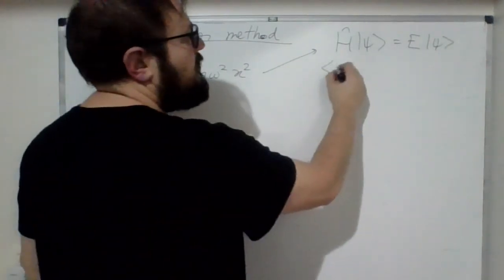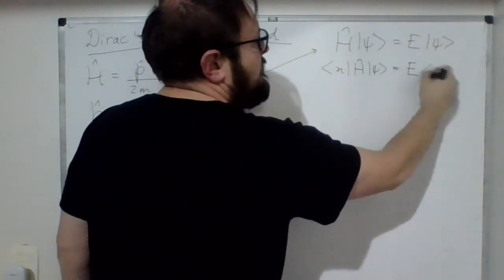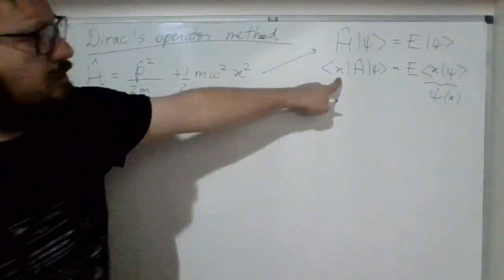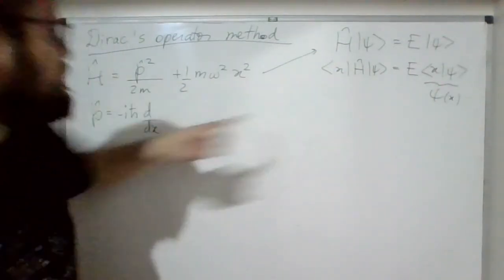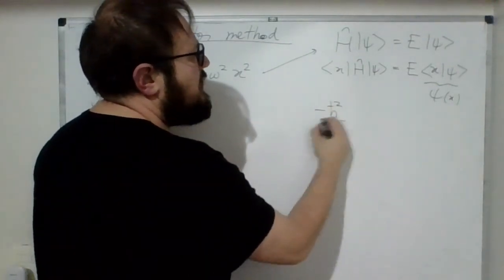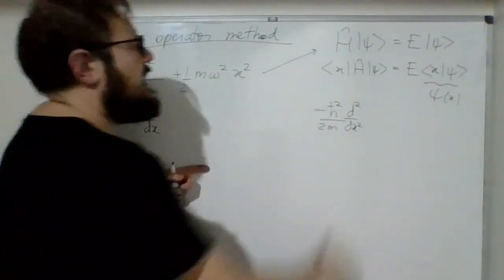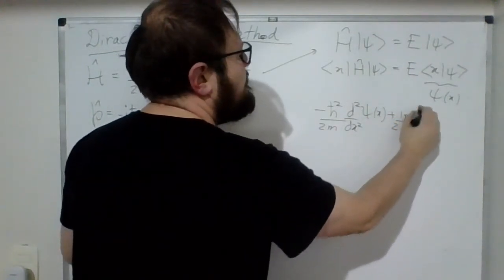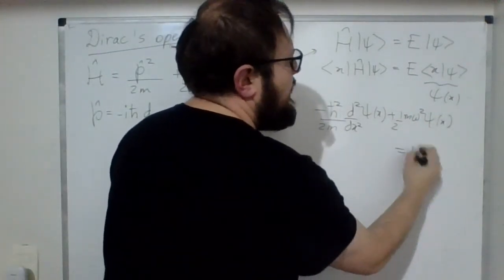If you project this problem into the basis of position, this is just psi of x, and you'll find the following equation: minus h bar squared divided by twice the mass, times the second derivative with respect to x of psi of x, plus 1/2 m omega squared x squared psi of x, is equal to energy times psi of x.